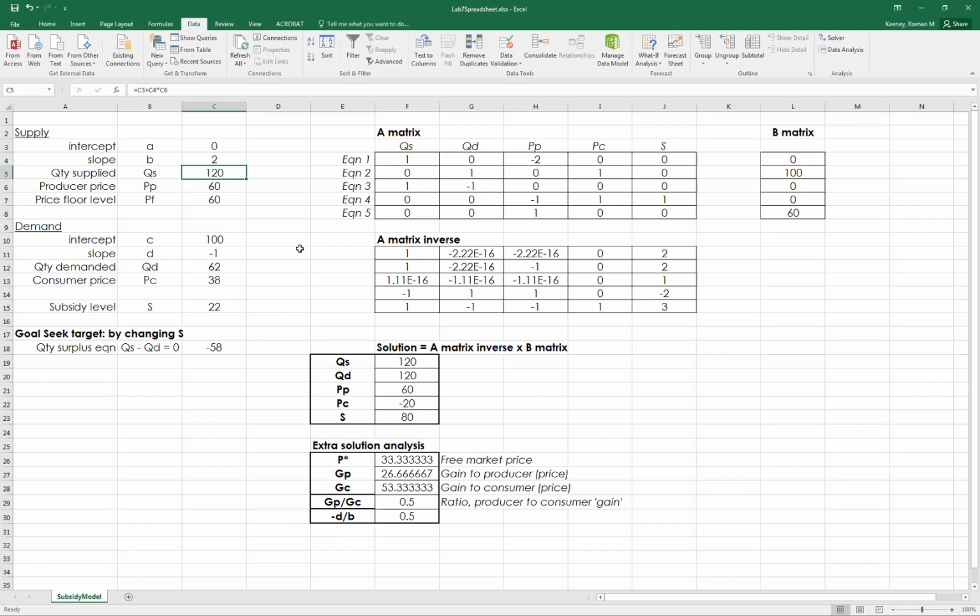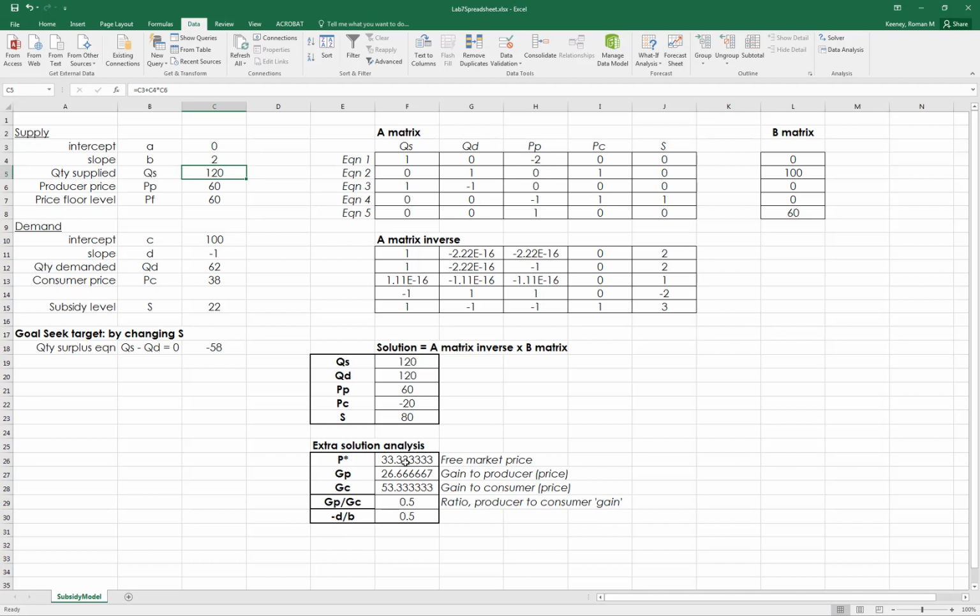This model is built on the idea of an equilibrium price around 50 and a target price of around 60. It's trying to support producer prices above the free market level, and changing from 1 to 2 is just too big of a change to this problem.